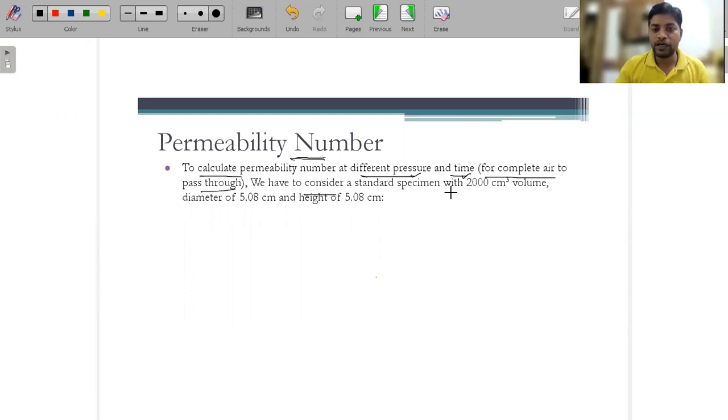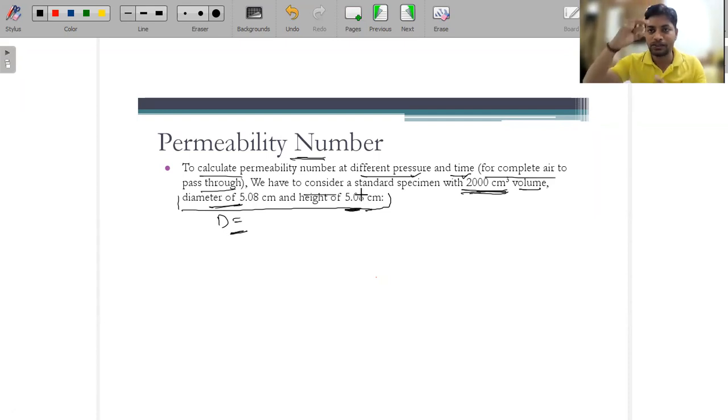For that, a standard specimen with 2000 cubic centimeter air volume is required, so that the air quantity can be filled into it. The specimen of molding sand that we have to prepare has a diameter of 5.08 centimeter, and the height is also 5.08 centimeter.